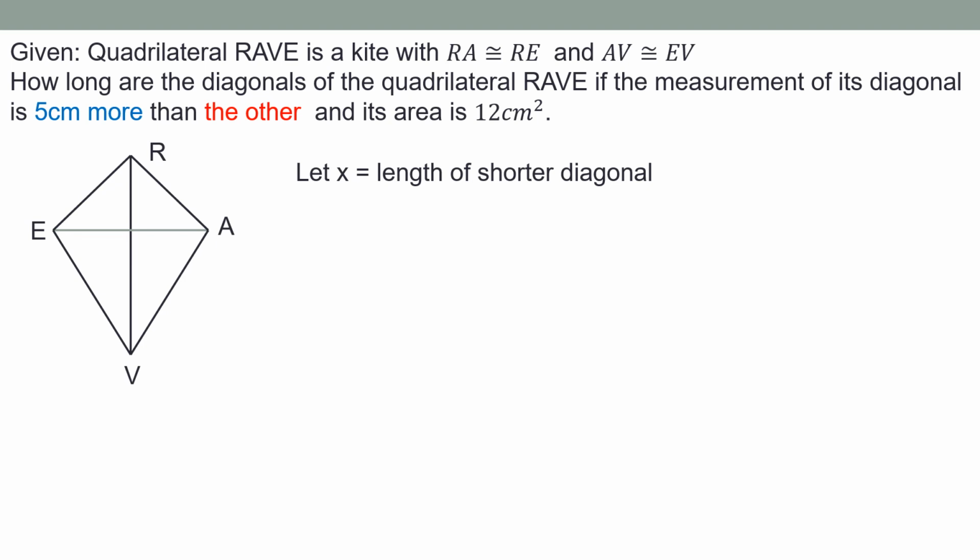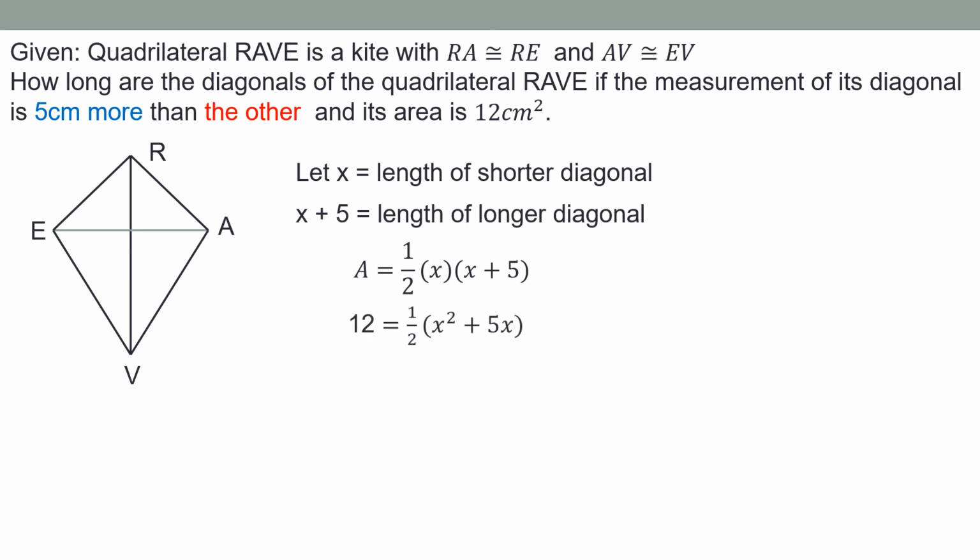Let x be the length of the shorter diagonal. That is what the word "the other" refers to. And then x plus 5 will be the length of the longer diagonal. Using the formula, A is equal to 1 half times x times x plus 5, because of the property that the area of the kite is half of the product of the diagonals. 12 equals 1 half times x squared plus 5x.